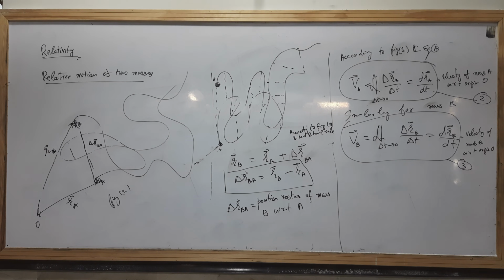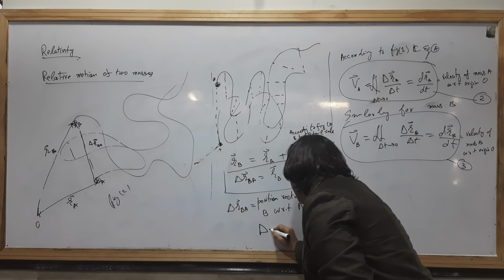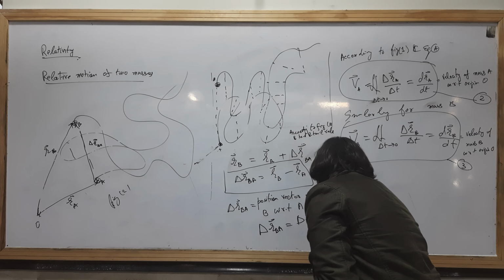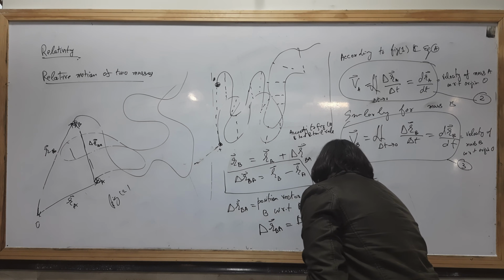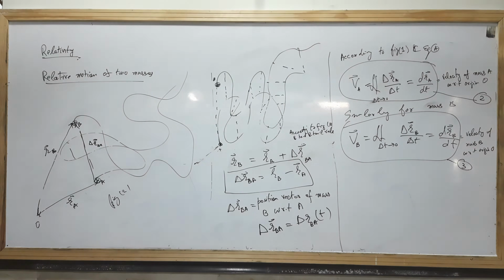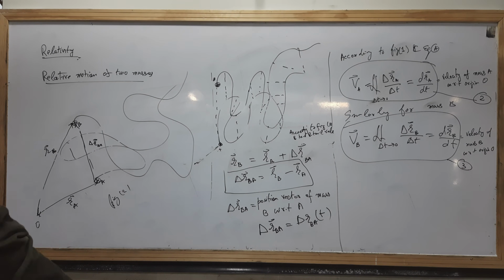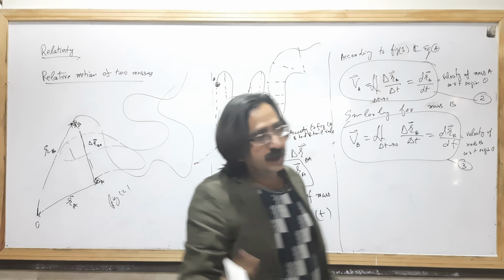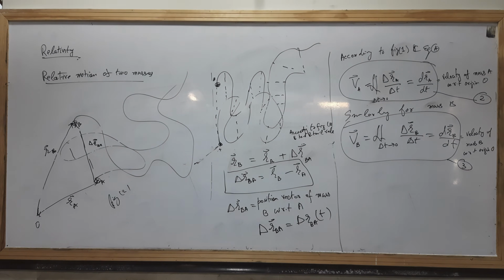So this delta R_BA must be a function of t. Why must it be a function of time? Because it is varying with the passage of time. It may increase, it may decrease, but it changes with time.